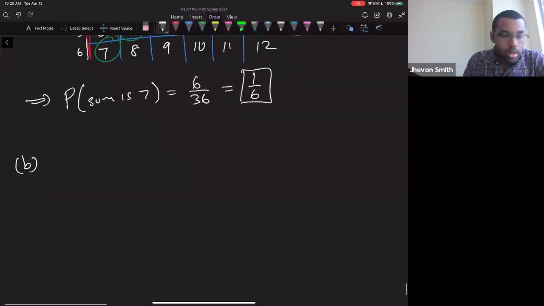In B, you want the probability that the sum is even.